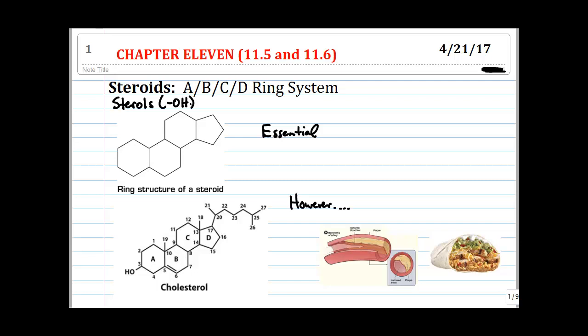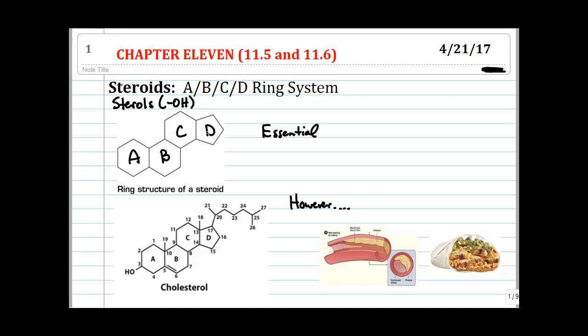All steroids and sterols have a very unique ring signature, if you will. There are 4 fused rings: A, B, C, D. When you see this arrangement of rings, that is a signal to you that you have a steroid, and if it has an OH group, it's a sterol.